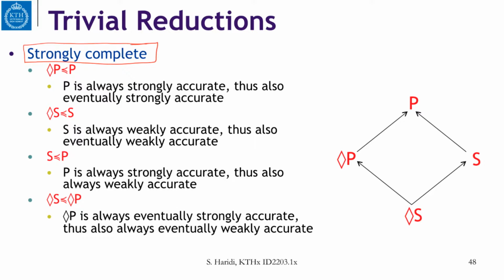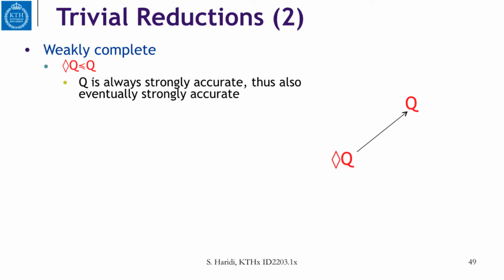We have a set of failure detectors with weak completeness. If you remember weak completeness, it says that any process that has crashed or failed will be suspected by at least one process. These are the weakly complete failure detectors.